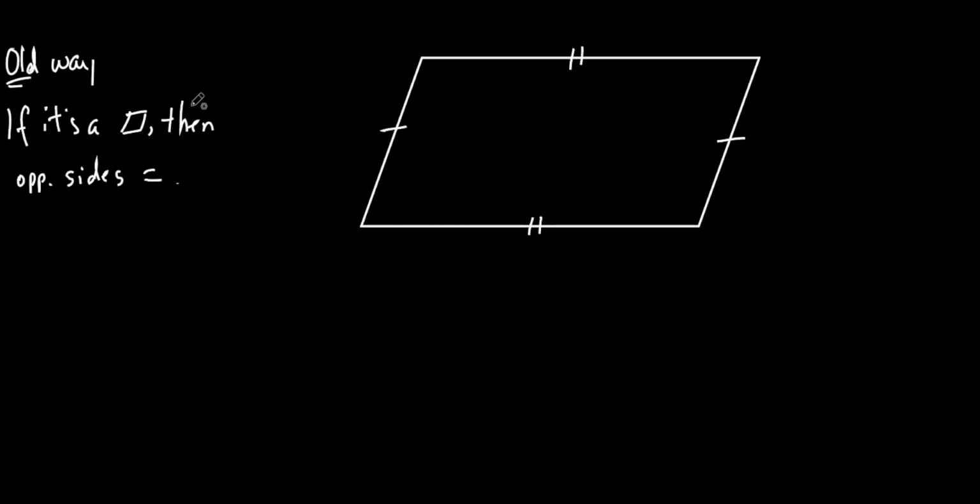Everybody see that? That was the old way. So if I told you at the beginning that this thing is a parallelogram, then you could say the opposite sides are equal to each other, correct? But this lesson is a little different.